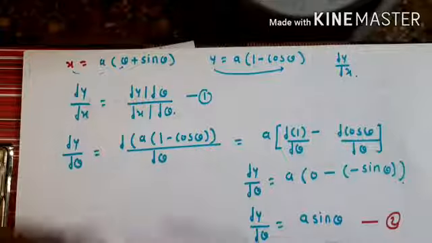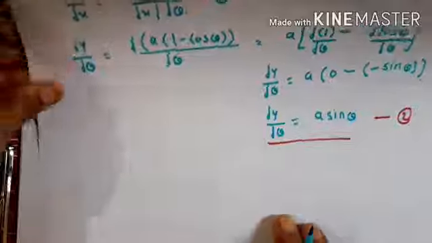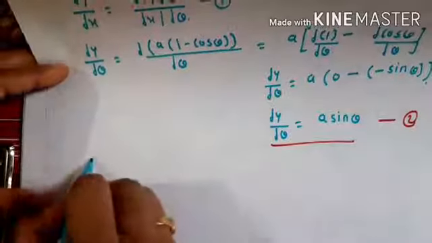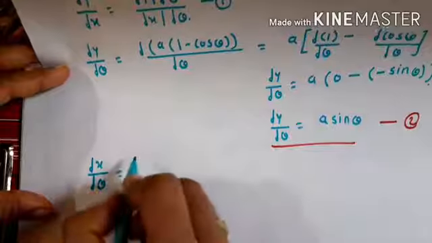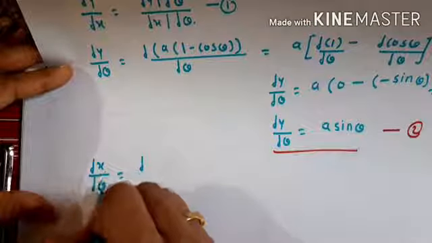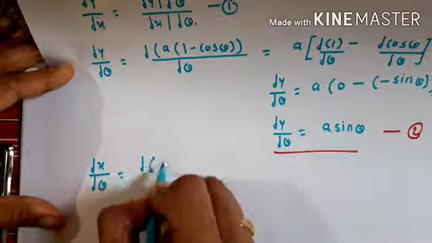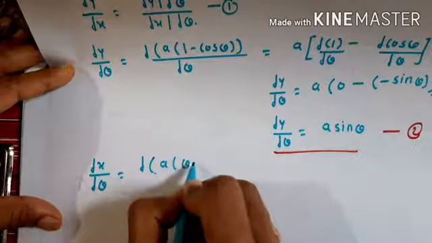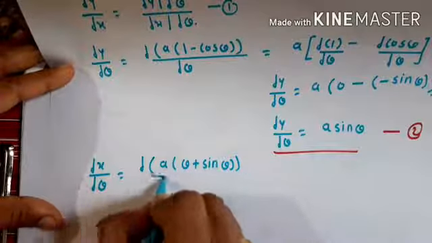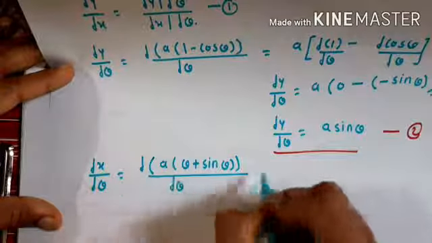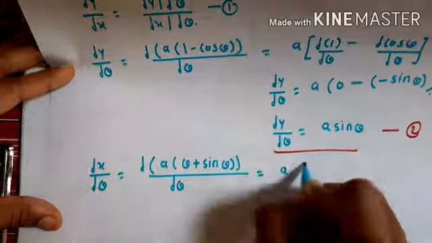Okay. Now dx by d theta is differentiation of x with respect to theta, that is differentiation of a into theta plus sine theta with respect to theta, that is a is constant.